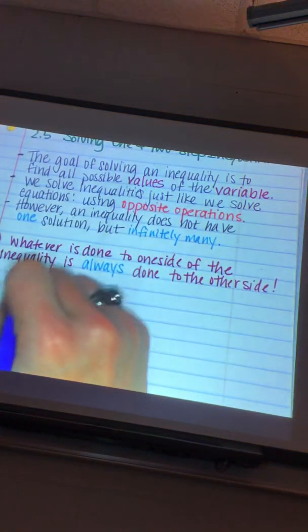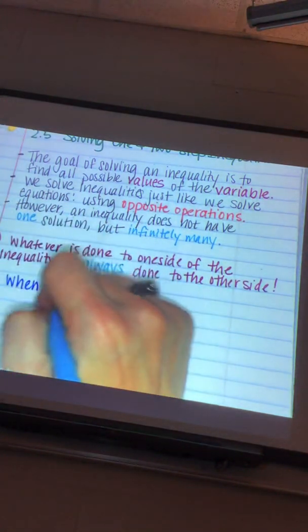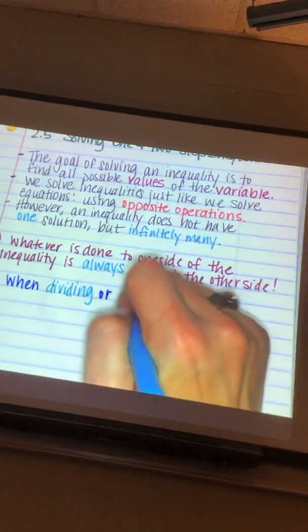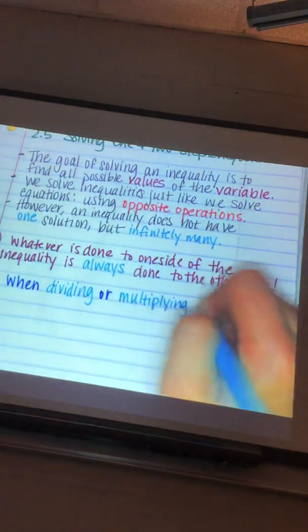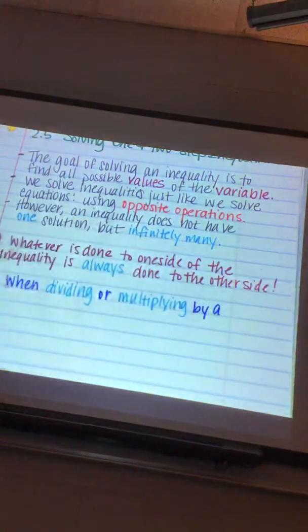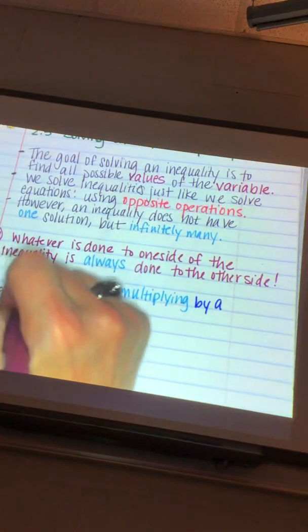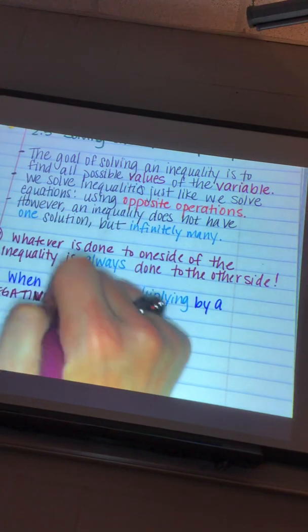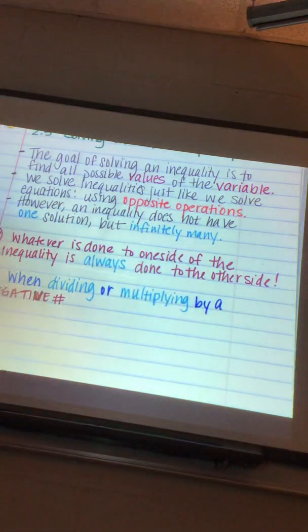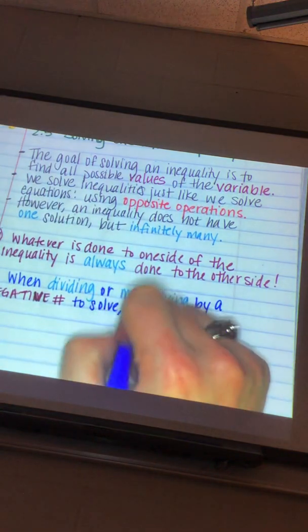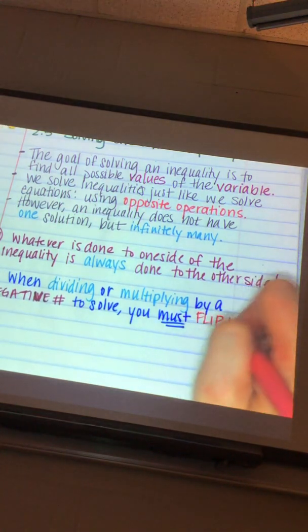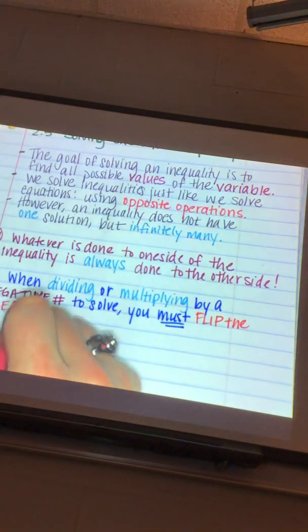When dividing or multiplying by a negative number to solve, you must, this is big, this is the only difference, you have to flip the inequality sign.